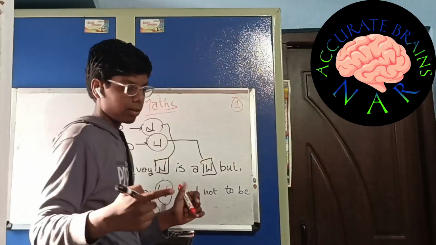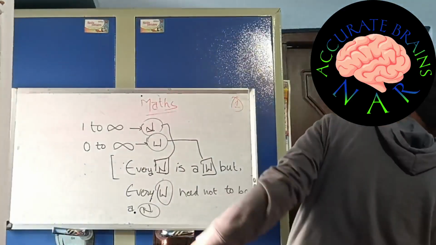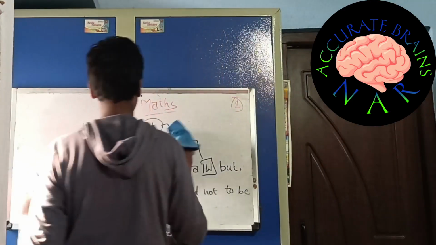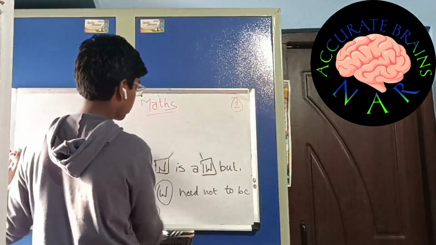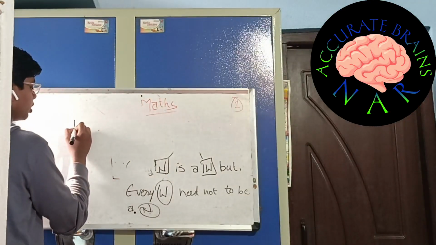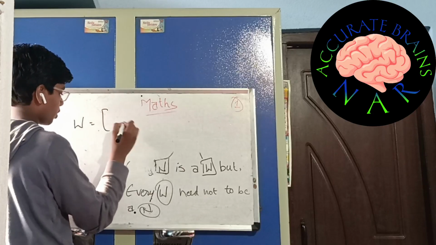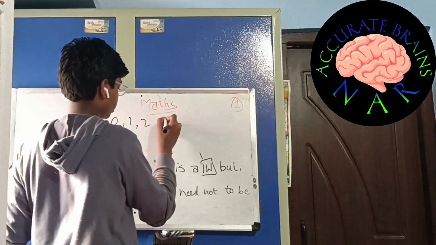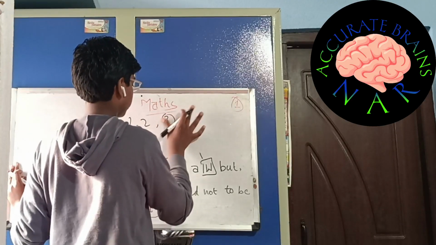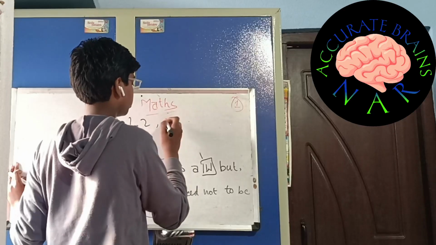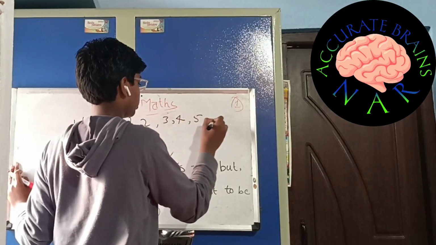Once we write down the notation of whole numbers and natural numbers, W is equal to 0, 1, 2, 3, 4, 5 and so on.